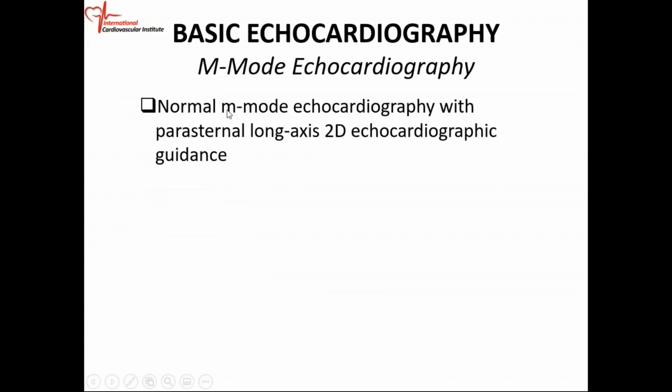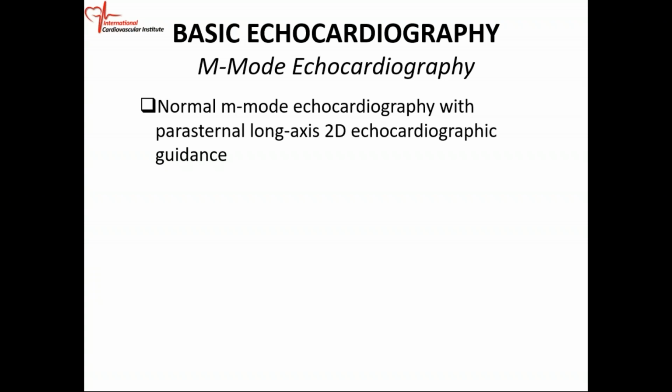when we do our M mode today, we always have our two-dimensional echo guide on top, so we know exactly where the cursor is passing through and the different structures that the M mode is looking at.